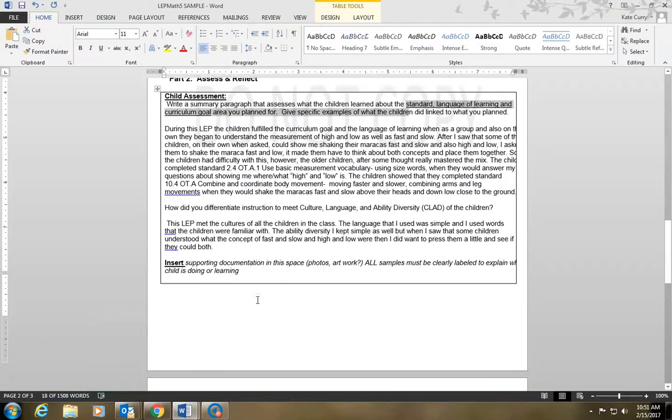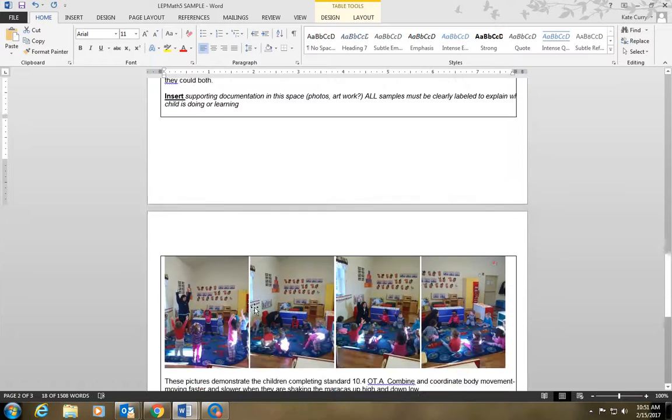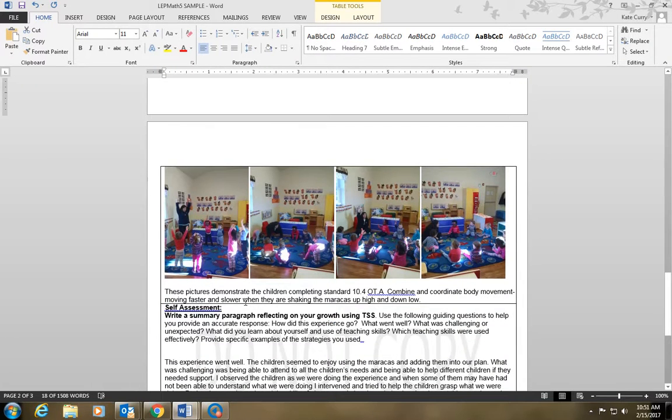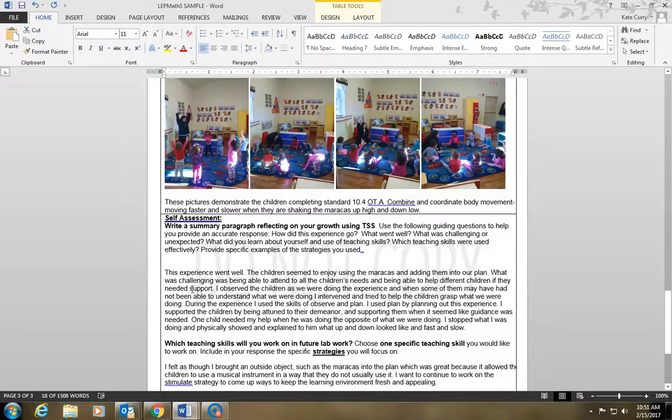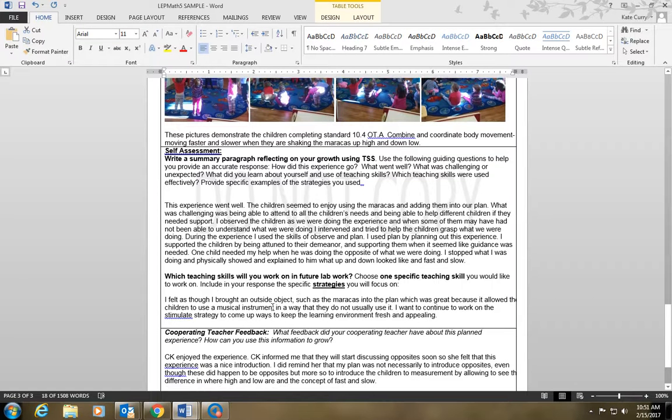And then the very last piece of your lesson plan, and here's where they inserted their pictures, would be the assessment of your teaching skills. So here you're talking about the teaching skills that you did well and what strategies, and then where do you want to grow.